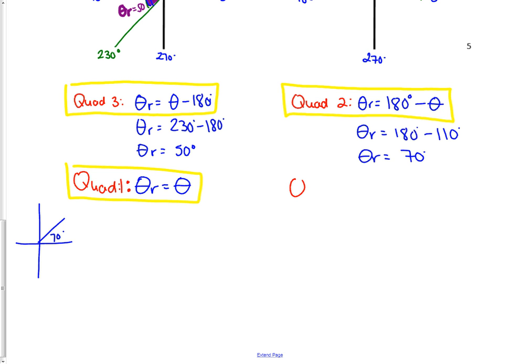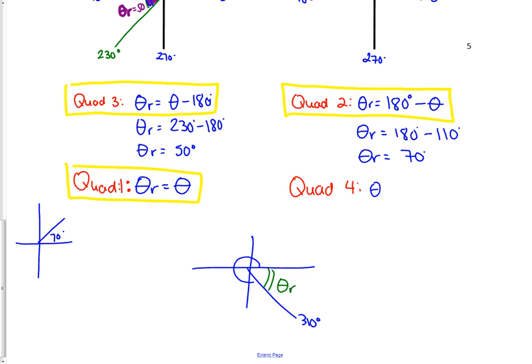How about quadrant 4? So let's think about quadrant 4. I'll draw a quick image. So if I had an angle here, say of 310 degrees, how could I get the reference angle? 360 minus 310. Yeah, because we want this angle right here, right? We want between the x-axis and the terminal arm.